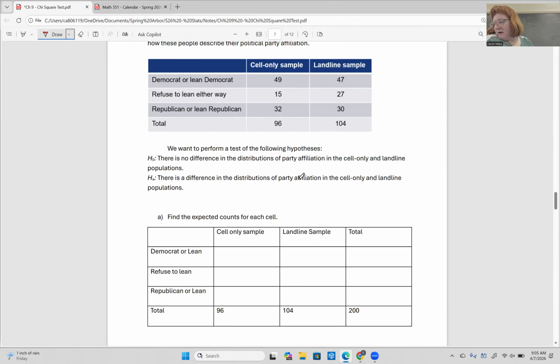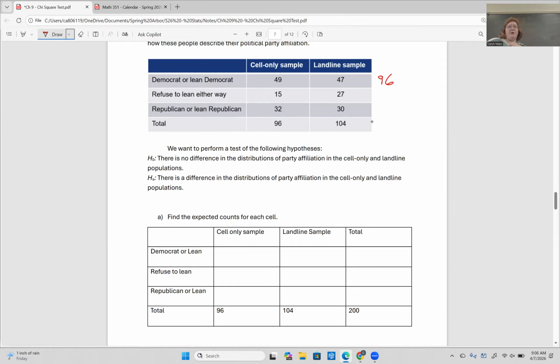Not quite. There is a piece of information missing from our top table, and that is our row totals. So how many total people claim to be Democrat? 49 plus 47, so that is 96.